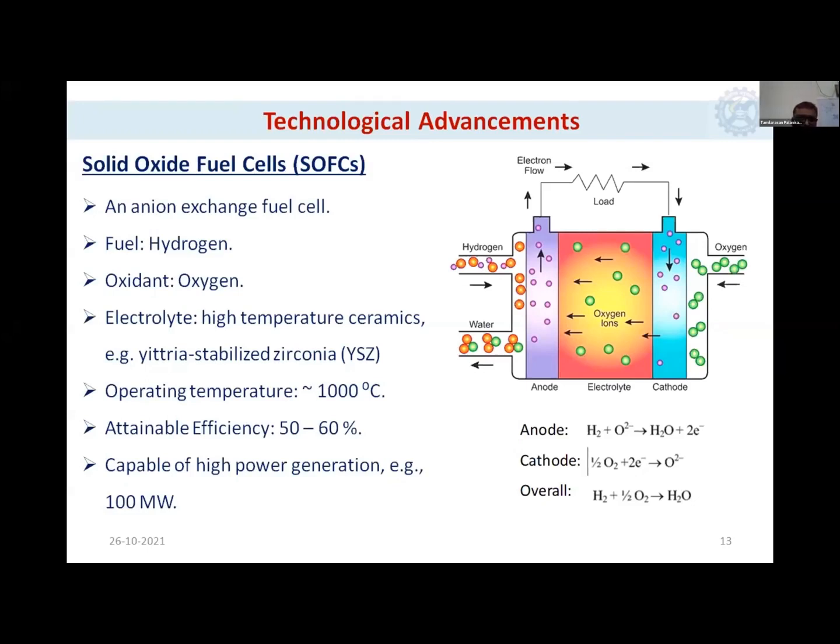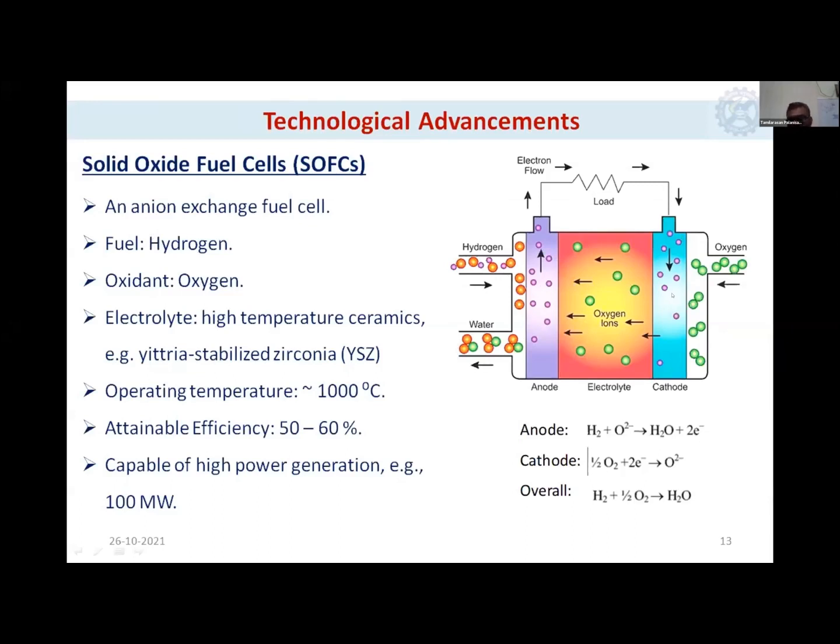So this YSZ is used as an electrolyte at 1000 degrees Celsius, and you can even use other ceramics like nickel-based doped oxides. And all these components are solid state. And here once again, hydrogen is used as a fuel and oxygen is used as an oxidant. At the end of the reaction, you will produce water.